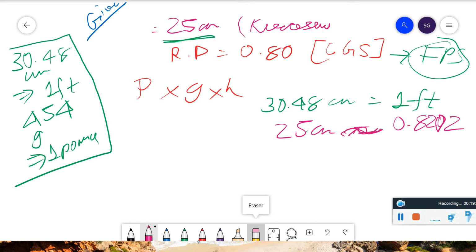And one more thing, one thing that we have converted into foot, now pounds, that is kg. Here kg is given or not? No kg is given, no issues.